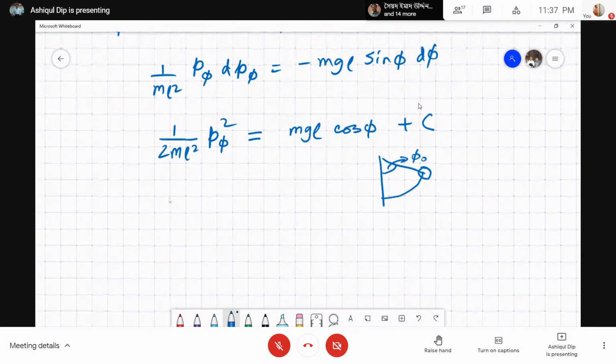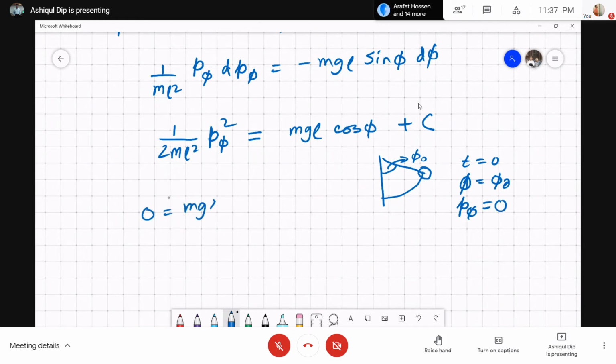So substituting that, t equals 0 gives us phi equals phi naught, but p phi equals 0. So that gives us 0 equals mgl cosine phi naught plus c.